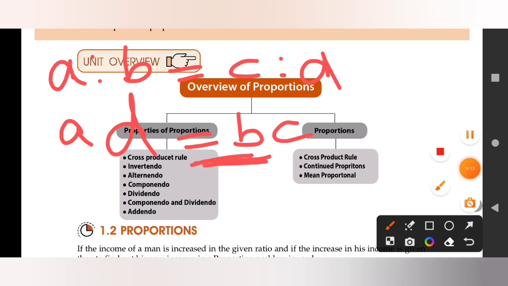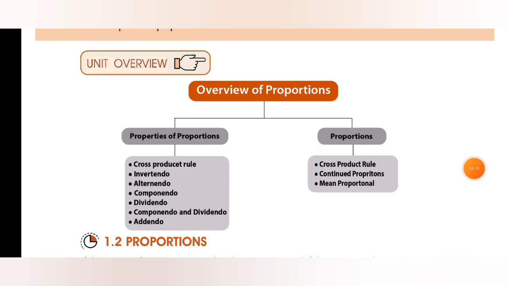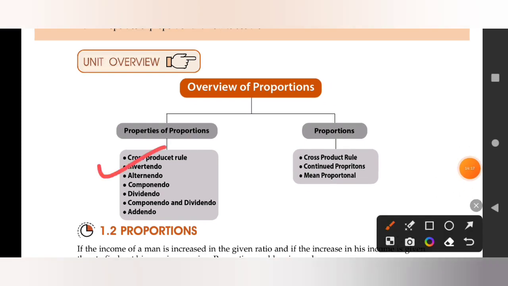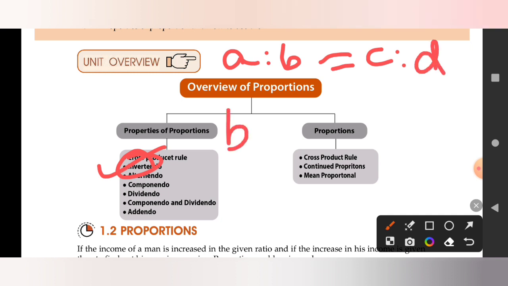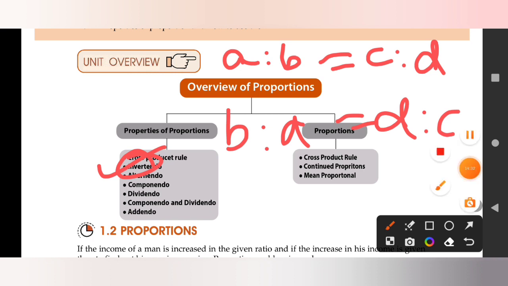Next, what was invertendo? You can remember with this word invert. So if A is to B is equal to C is to D is given, inverted, B is to A is also equal to D is to C. Correct?